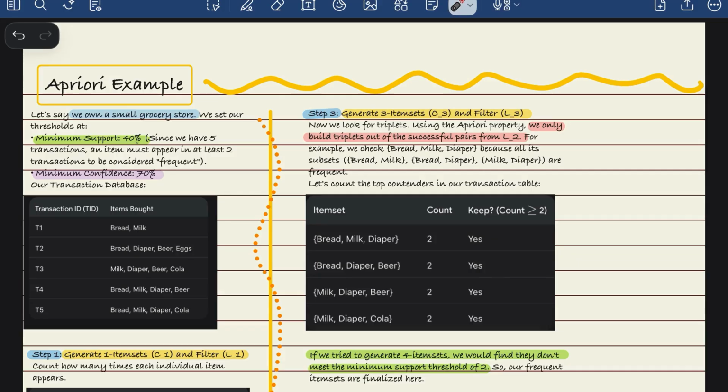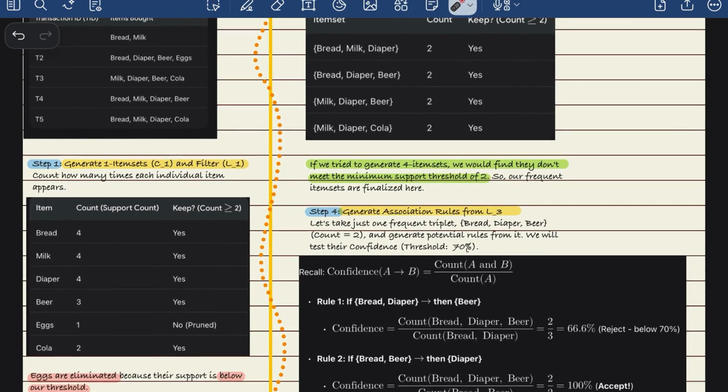The minimum support is 40%. Since we have 5 transactions, 40% of 5 means the item set must appear in at least 2 transactions to be considered frequent. The minimum confidence given is 70%. So confidence and support are both given to us, 40% and 70%. Now the very first step is to generate the first item sets.